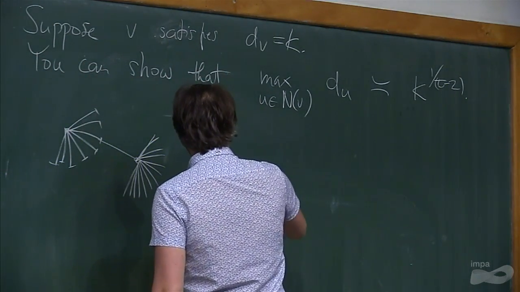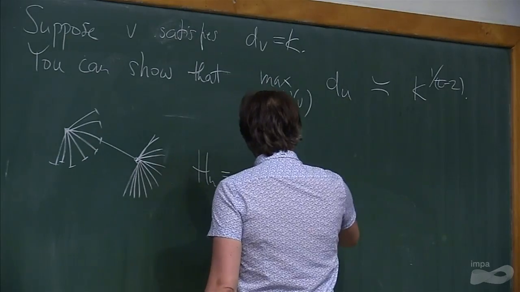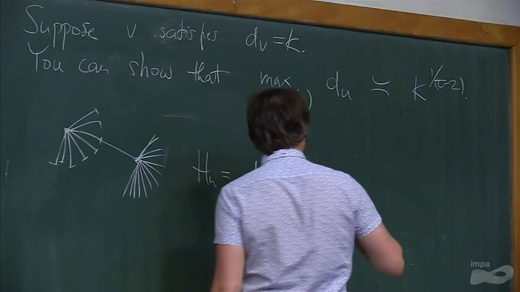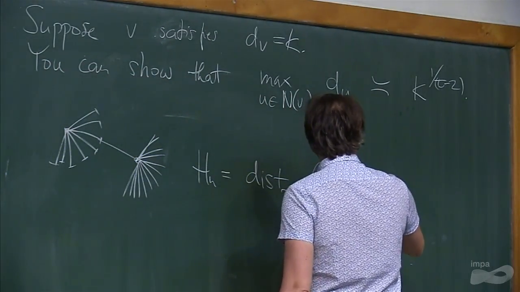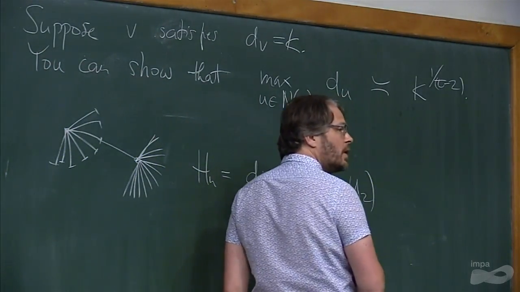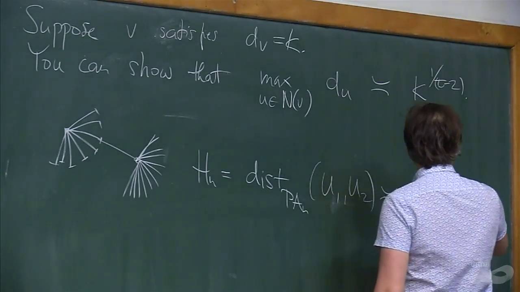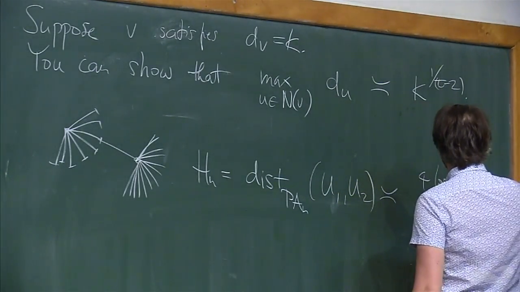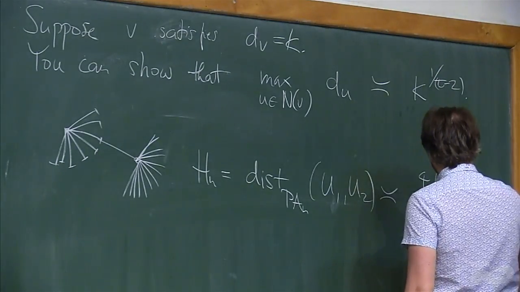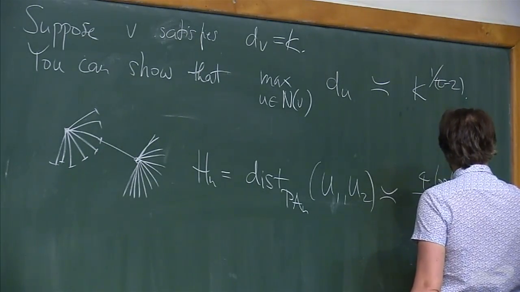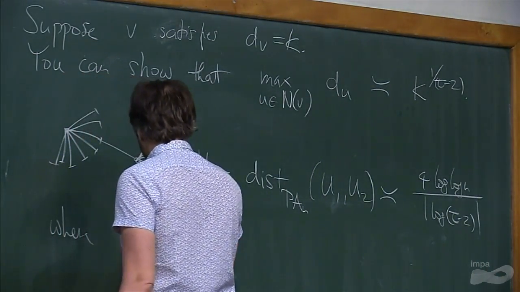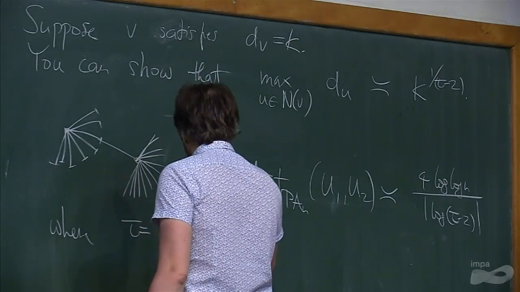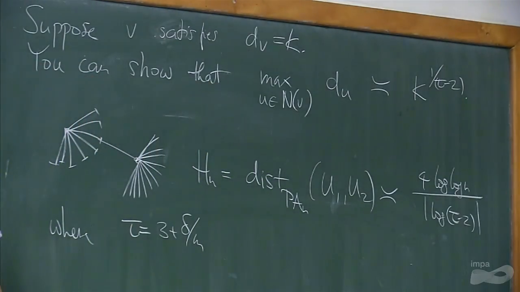If I look at Hn, which is now the distance in a preferential attachment model of size n between a uniform starting point and a uniform ending point, then this is basically of the order 4 log n divided by log tau minus 2, where we should bear in mind that this power law exponent is tau = 3 + delta over m, and these were the two parameters that we have in the preferential attachment model.